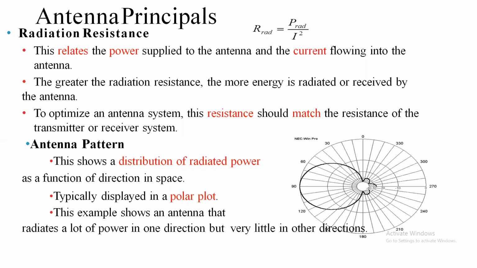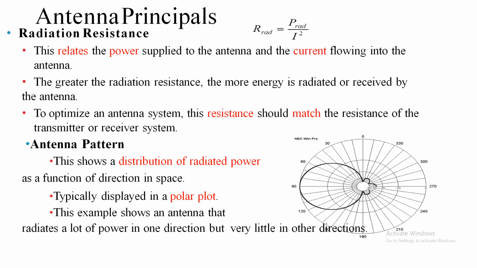Another one is, if the radiation resistance R is high, then more energy is radiated or received by the antenna. The more energy is radiated or received by the antenna where the resistance is high.